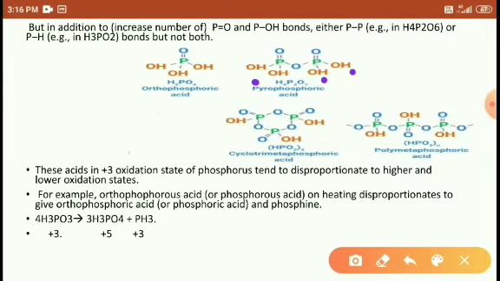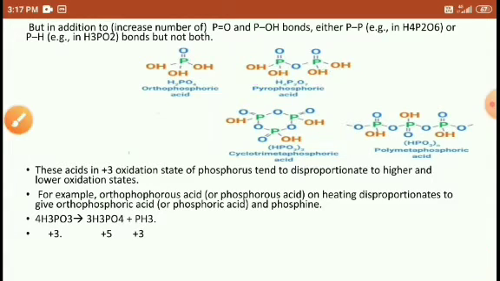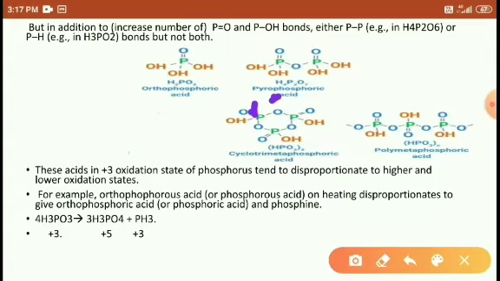So H4P2O7 exhibits the +5 oxidation state. Students, similarly, for the higher oxidation state species, finally all the phosphorus is showing the +5 oxidation state here.